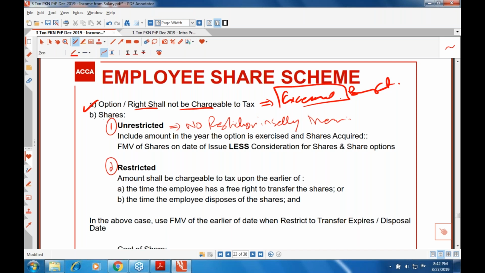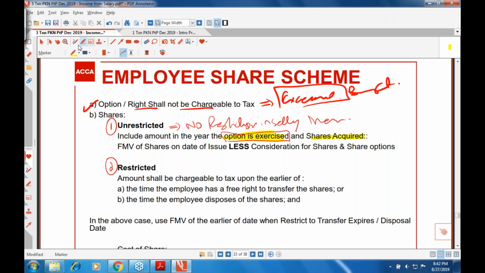Now, let's try to understand. If there is no restriction in selling them, then how much amount is to be included in the salary? So the law says include the amount in the year the option is exercised, the year in which the option is exercised and the shares are acquired.